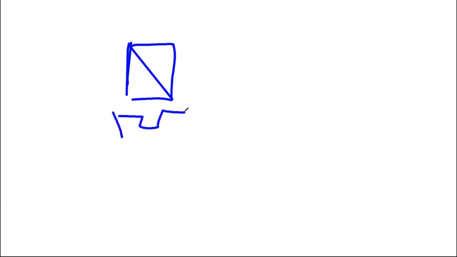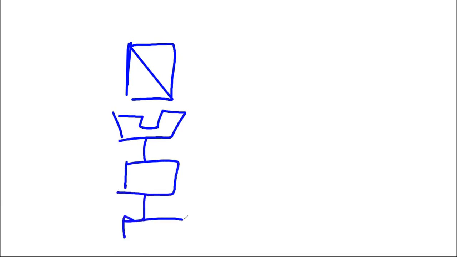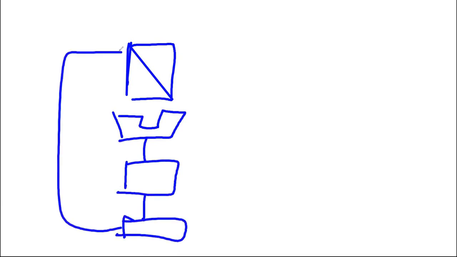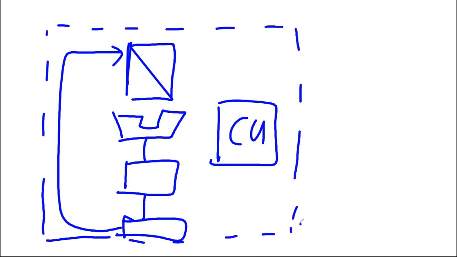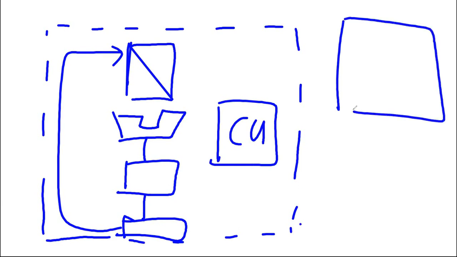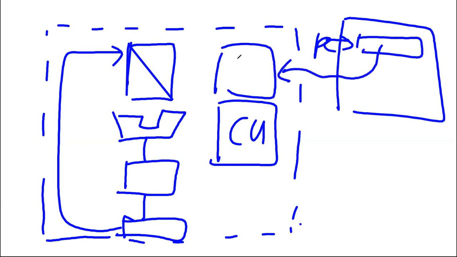When we talk about a processor, we basically have a data path. We have some ALU unit. We have some latch. And then we have some I/O interface, and go back to the register file. And there is a control unit, right? And this is inside a CPU. Okay, and then there is a memory. So from memory, each time we have a program counter, we count it and get an instruction, and put that instruction into an instruction buffer.